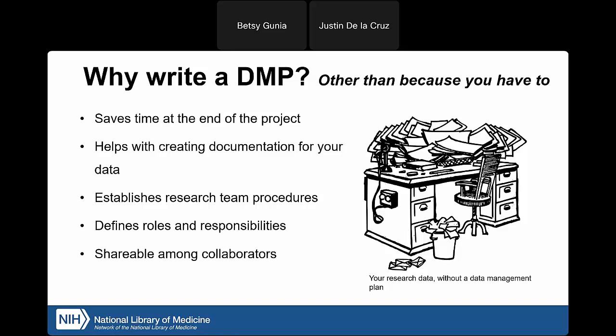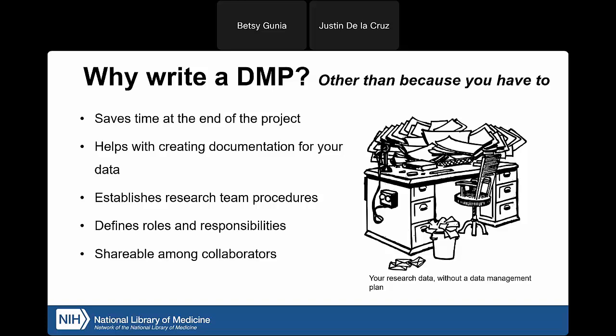We run an institutional data repository at Johns Hopkins, and the graduate student I was working with said, if I had known 3 years ago when I was collecting this data that I would have to share it at the end of this, I would have organized and described my data differently. So if you plan ahead, it makes the process of data sharing so much easier.